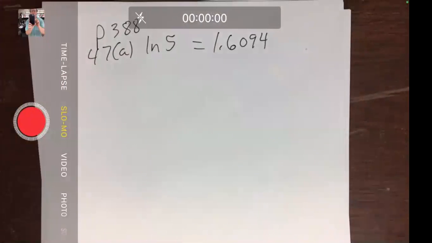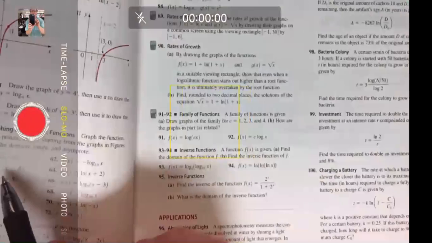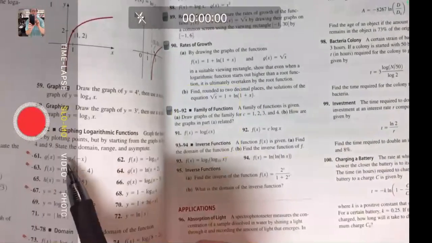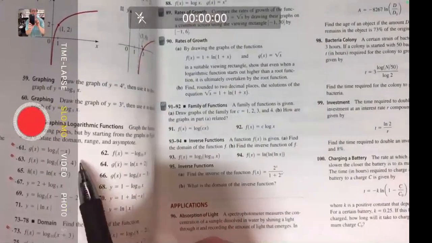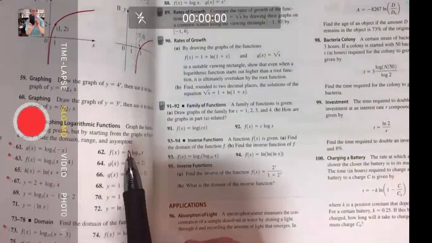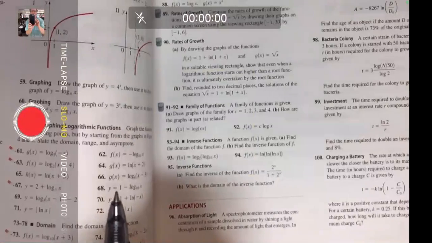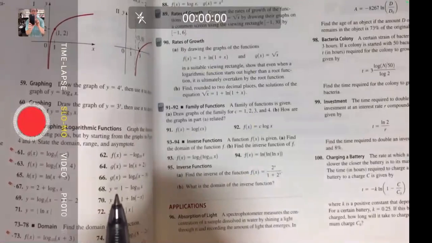Let's see. The very last section was they give you a log kind of formula, and they want graph, domain, range, and asymptote. Do you need an example of one of those? Yeah, with that one, I might need an example. You want to pick one out?